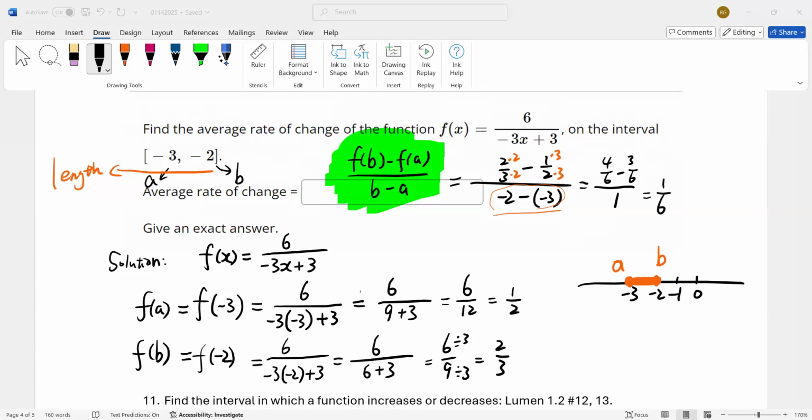No. Awesome. Thank you. I want to emphasize in the formula, the denominator is a change in the input. The numerator is a change in the output. And we know output depends on the input. And the change in output is caused by the change in the input.